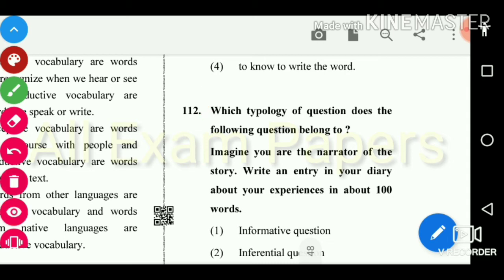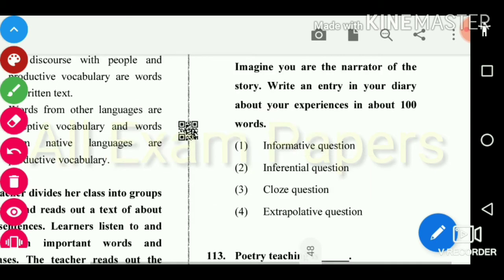Option 1, informative question. Second is inferential question. Third is closed question. And fourth one is extrapolative question. And the correct answer is option number 2.